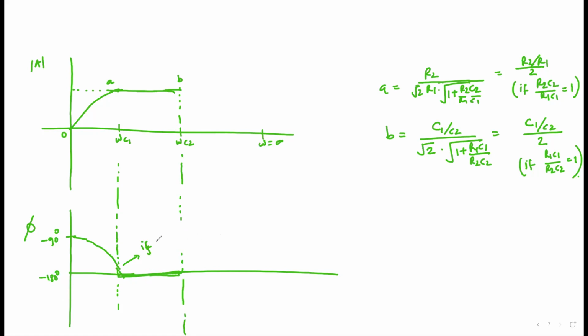And now, if R2C2 and R1C1 are equal to 1, or rather, it's not "and", it's "or", R1C1, R2C2 is equal to 1. So this is one case, this is the second case. So that's how the phase goes like this. Let's draw it in the proper way. So that's how the phase is minus 180.